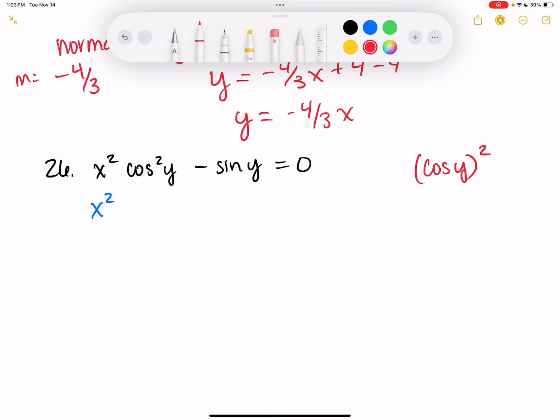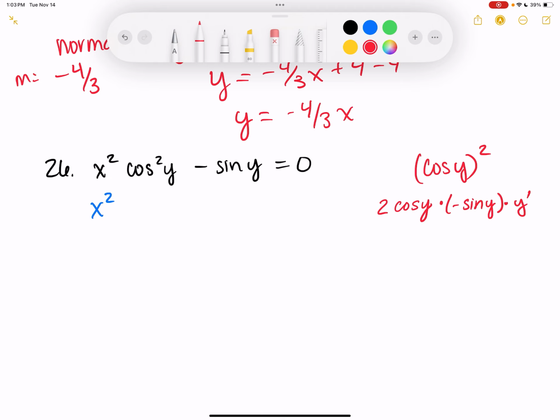So the derivative of the outer part would be 2 cosine y, times the derivative of the inside, negative sine y, then the derivative of the inside, y prime. So times y prime.